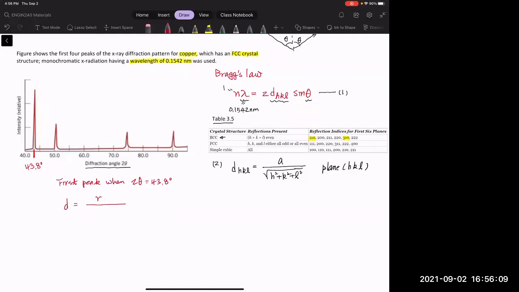So, n lambda, and lambda should be at the bottom. Sorry, it's n lambda divided by 2 sine theta. Okay, I'm using the Bragg's law, equation 1.